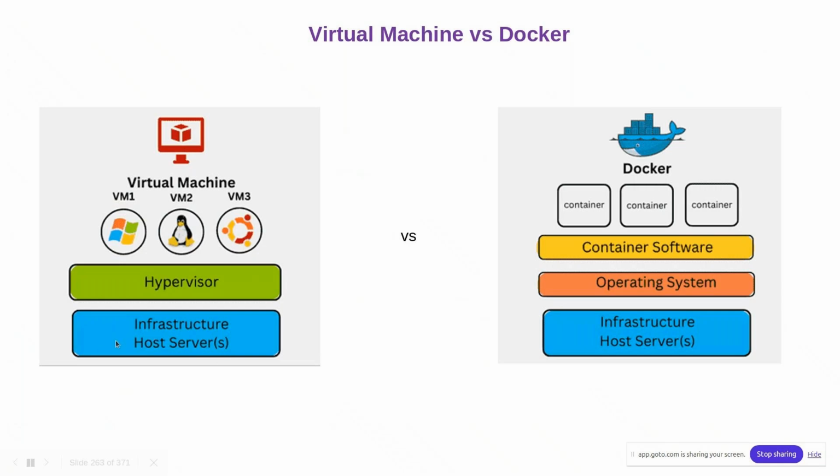So there will be some specific host server which is having a large amount of resources such as memory, hard disk or storage, and CPU. On top of that, we have a specific OS called the hypervisor OS. It may be ESX, or it may be Citrix Xen, or Hyper-V, whatever it is, right?